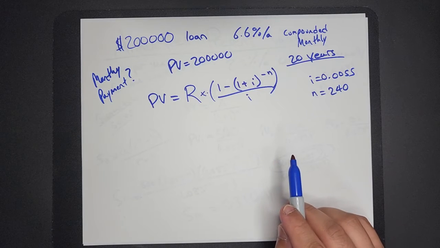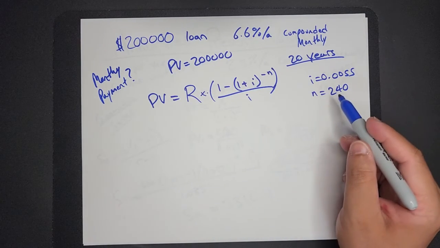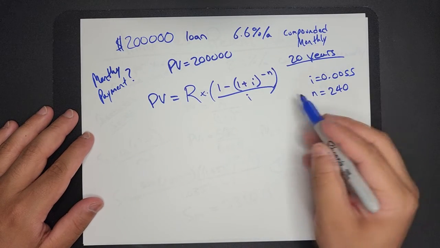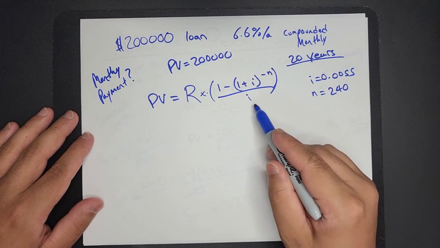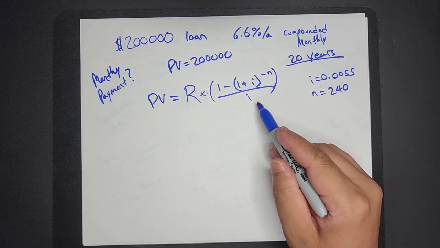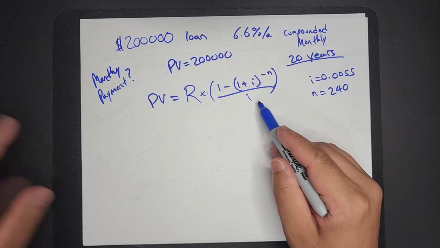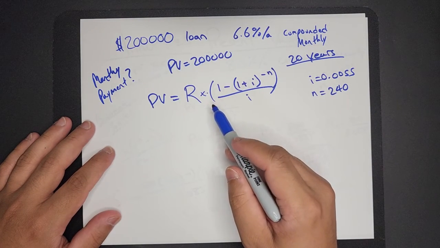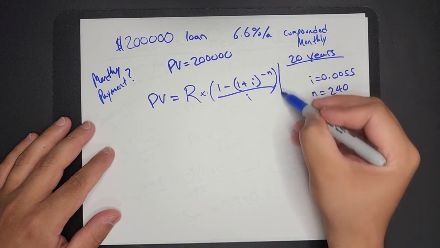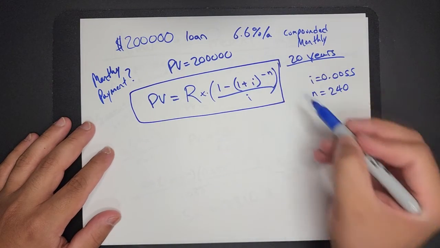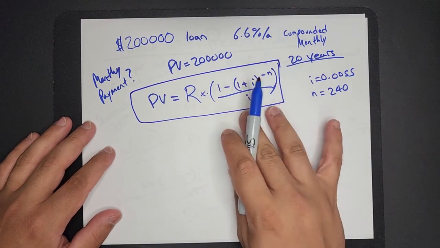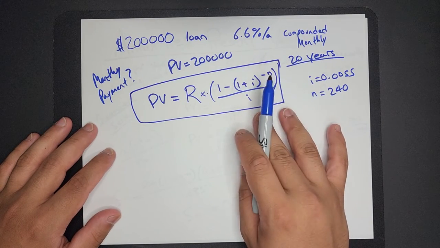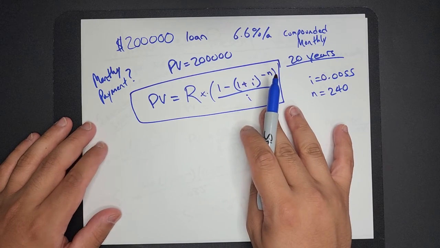So, now that I have all this information calculated, I have my n and my i. I'm going to start substituting. Oh, I don't think I explained this formula. There's a long derivation for it, but this is the formula for the present value of an annuity.